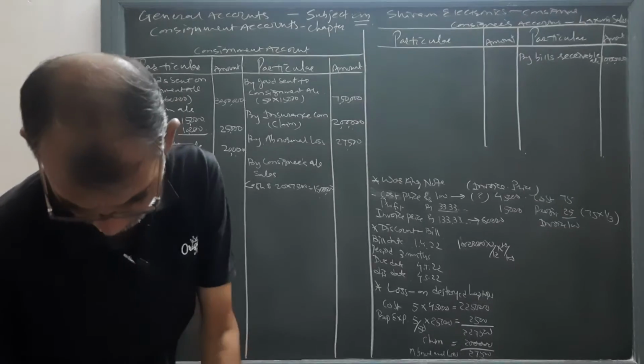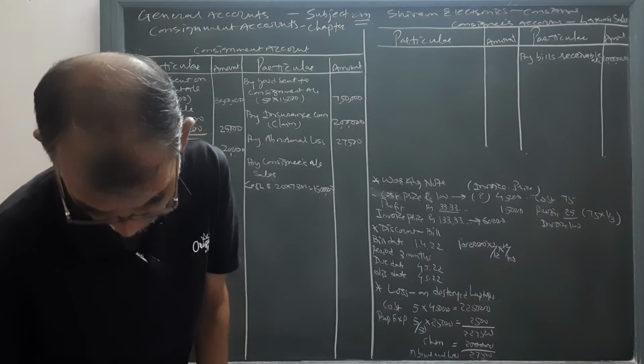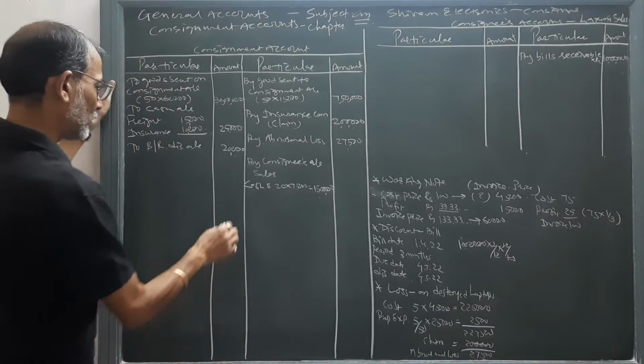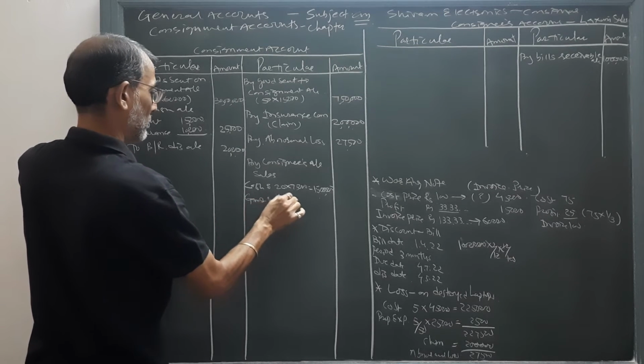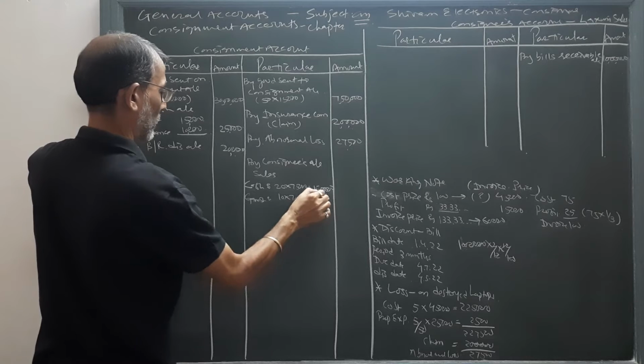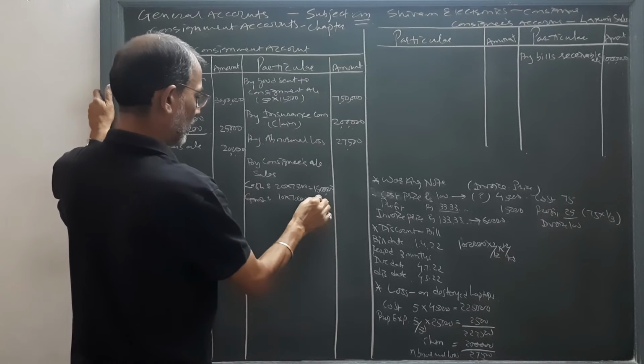Then 10 laptops to Ganesh at 70,000 each, 7 lakh.